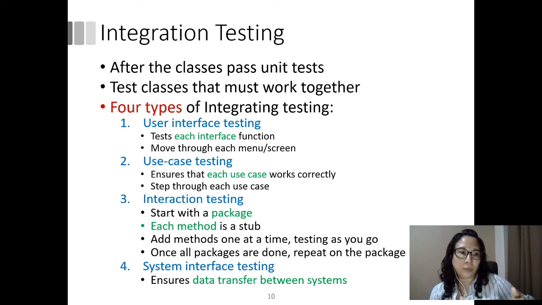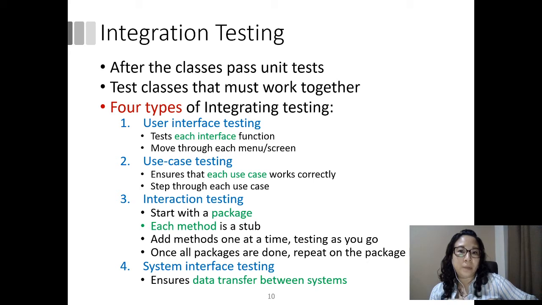Basically, we just want to check whether the flow of the screen is the same as stated in the Windows navigation diagram or in the storyboard. Or we can do the use case testing, whereby we test the activity inside of the use case.